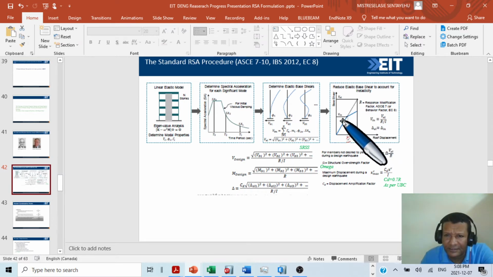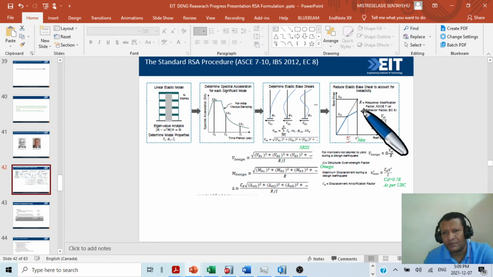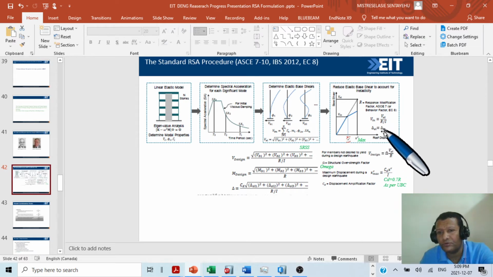So we will decrease it. Instead of going up like this, when the earthquake comes, our structure will behave in this way. So roof displacement elastic will be changed into roof displacement inelastic.